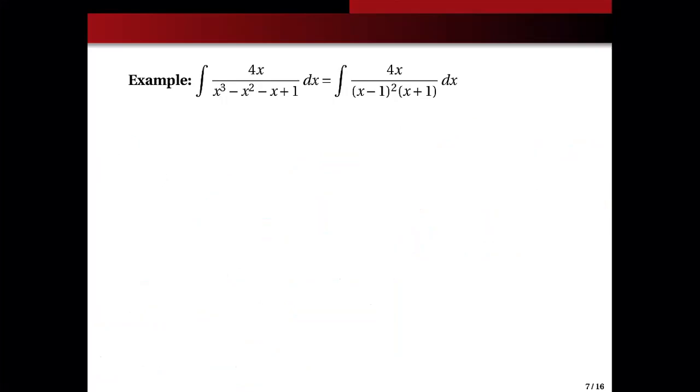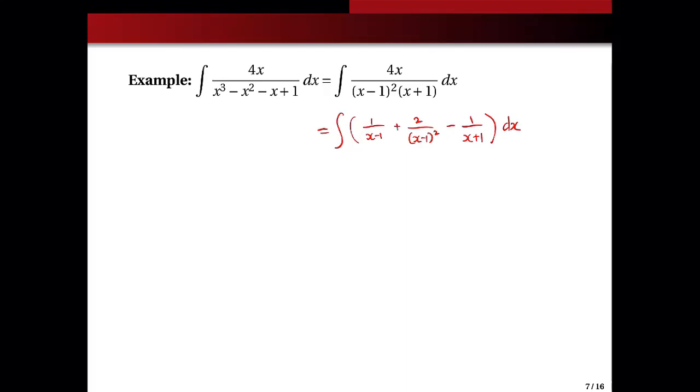So this guy now is equal to 1 over x minus 1 plus 2 over x minus 1 squared minus 1 over x plus 1 dx. Okay?